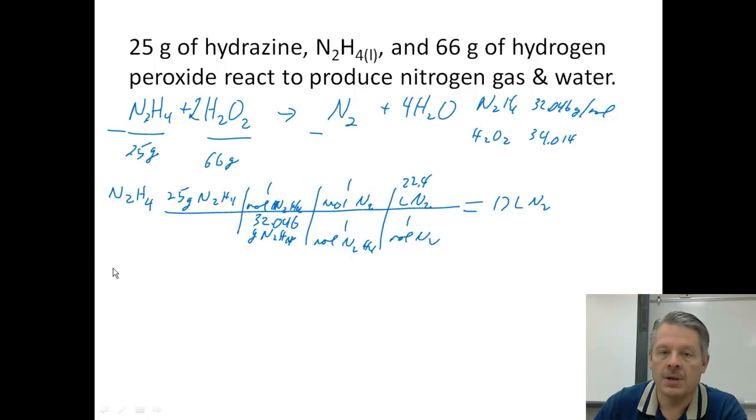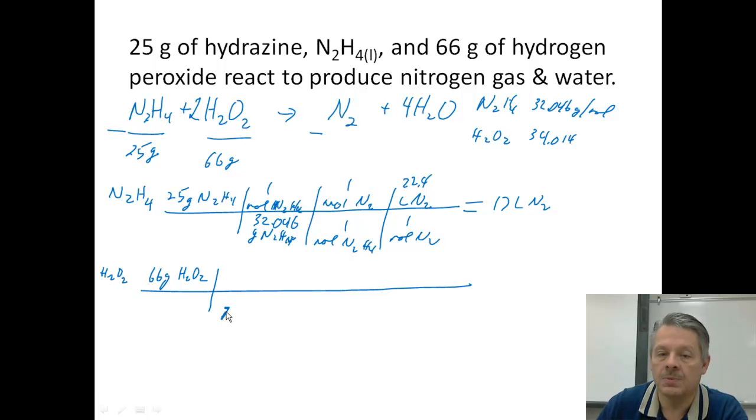Alright, let's work it out again, but this time we're working it out for hydrogen peroxide, which is H2O2, and we start there with 66 grams of H2O2. We have to convert from grams of H2O2 to moles of H2O2, and then we have to go from moles of H2O2 to moles of our target, which again is N2, and again we have to go to liters of N2.